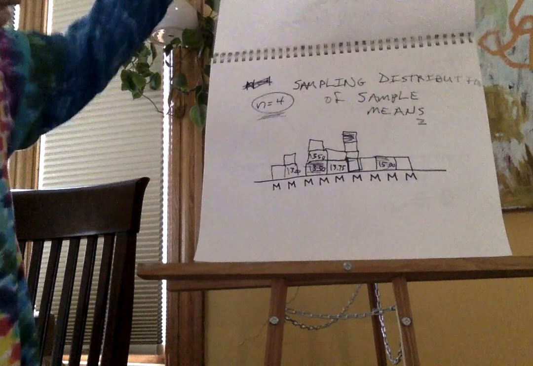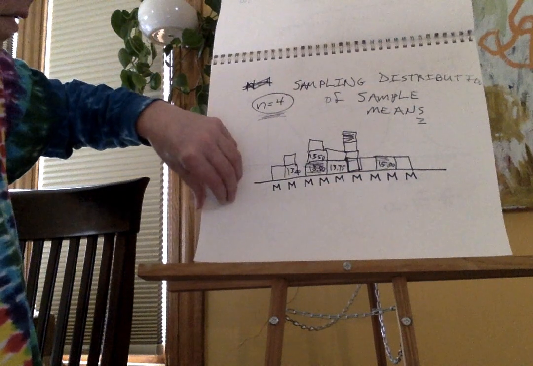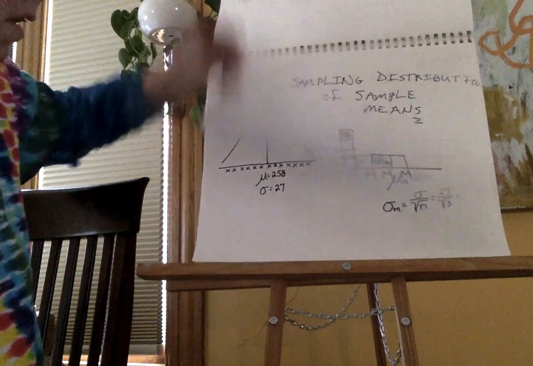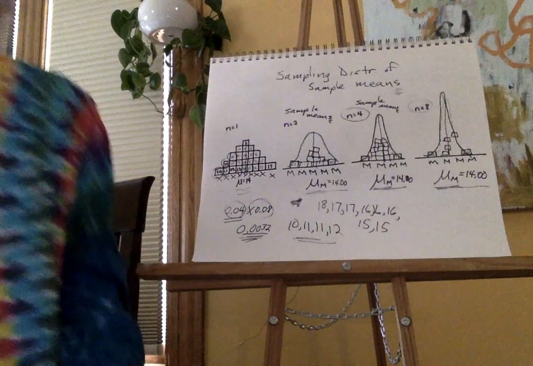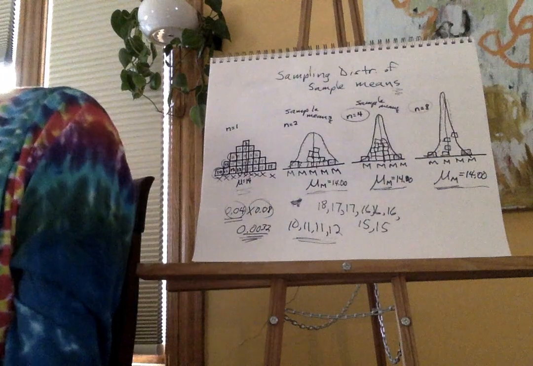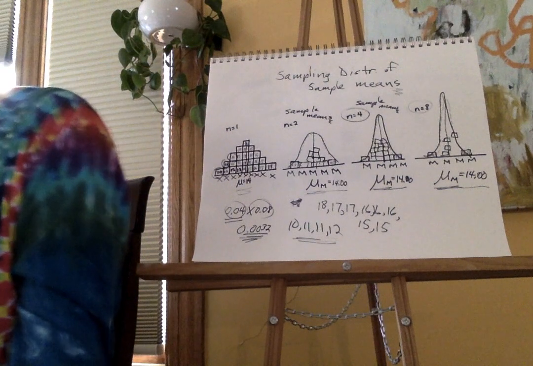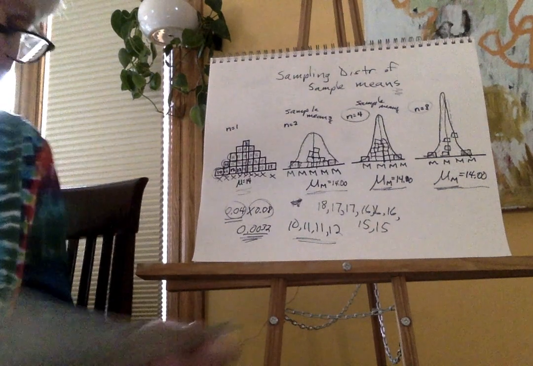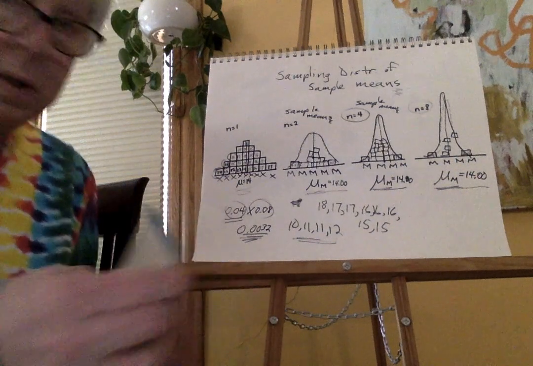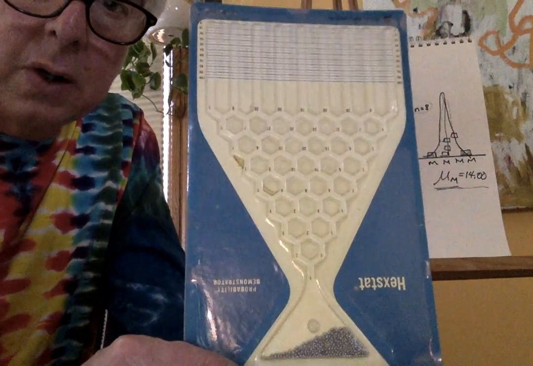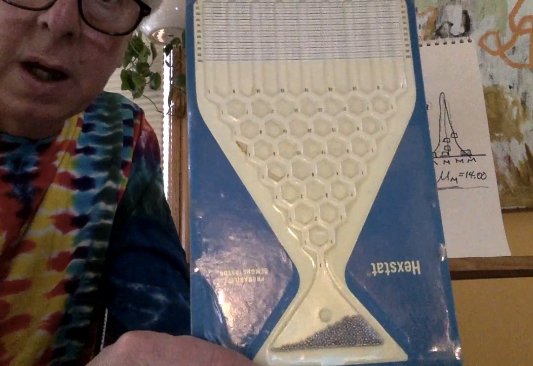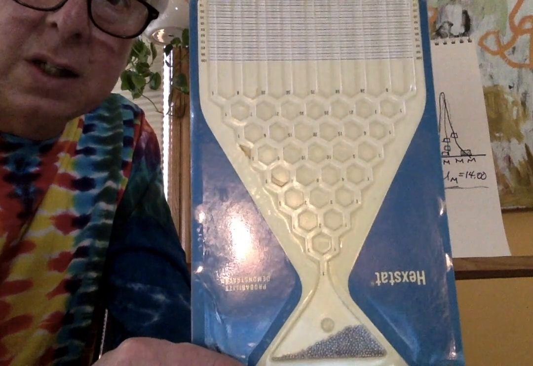Let's see what I have here. Let me go back. Okay. I want to show you a little toy. And it's very cool. I hope we can see it here. This is called a quincunx.